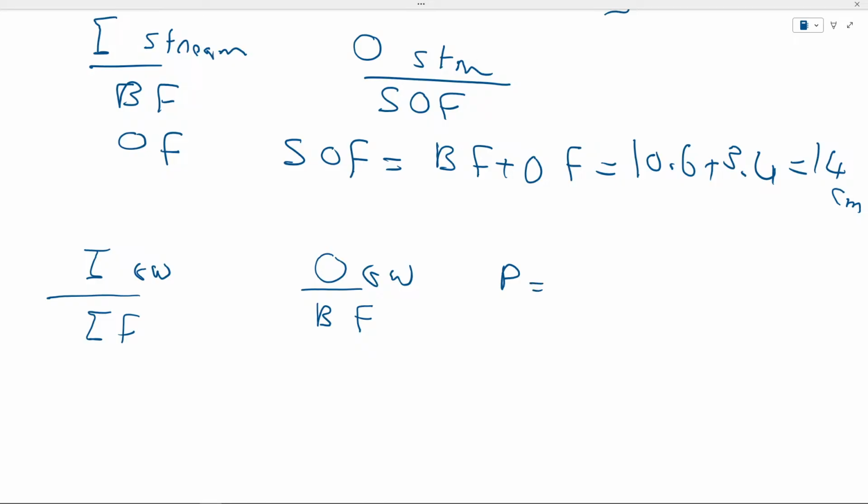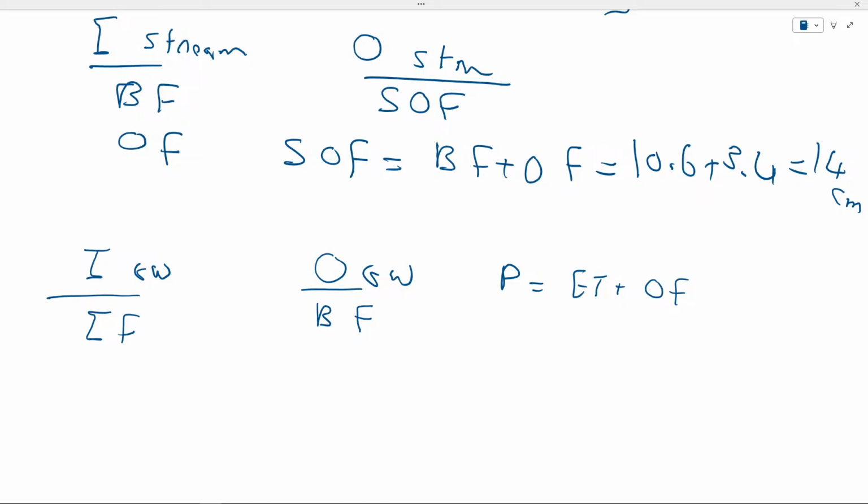What will happen to this precipitation? Precipitation is equal to evapotranspiration plus overland flow plus infiltration.